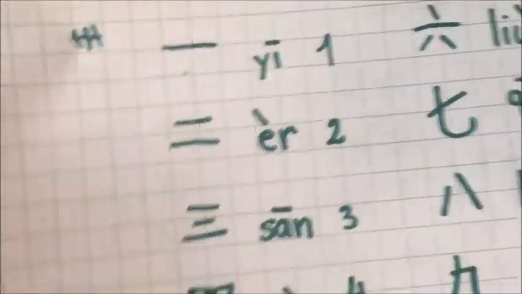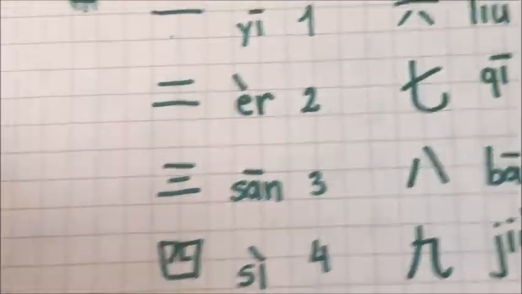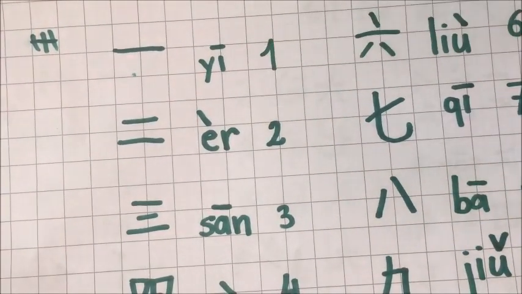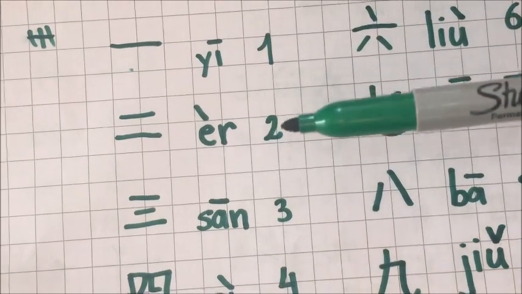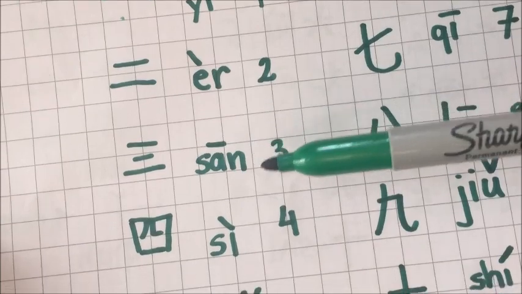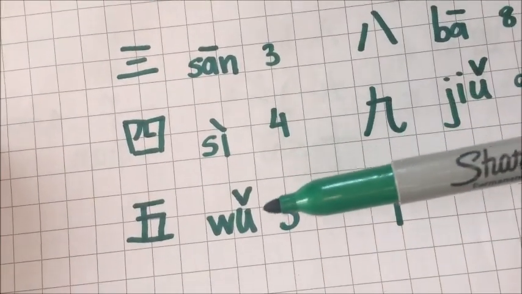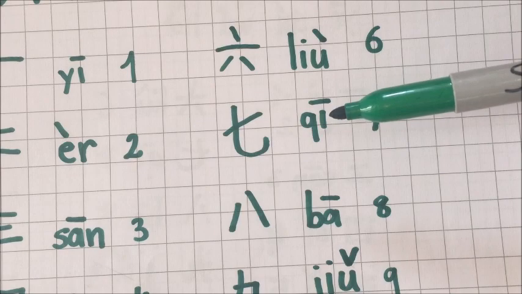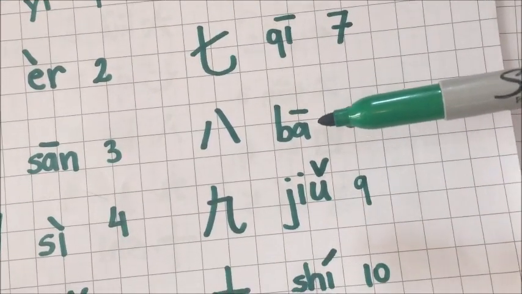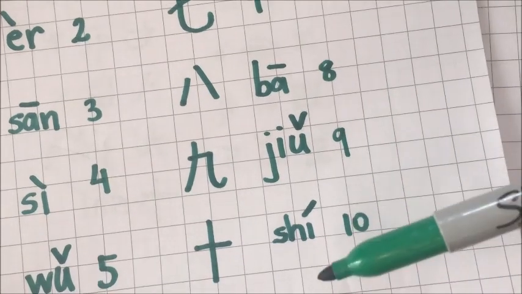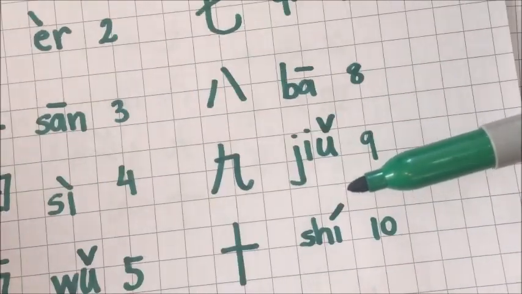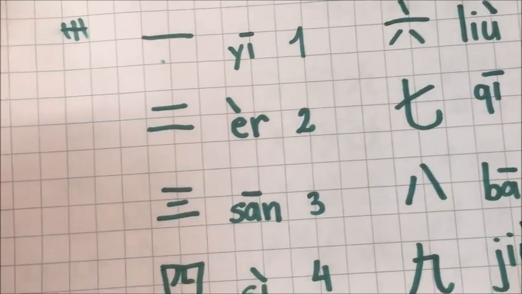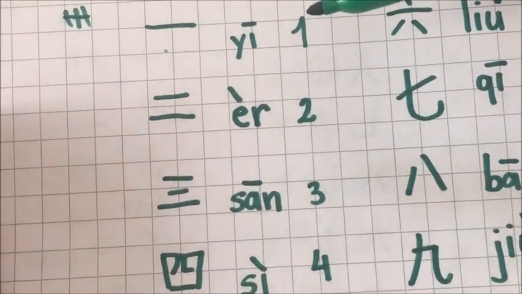So now let's look at them all together and repeat after me. 1, 2, 3, 4, 5, 6, 7, 8, 9, 10. I'm going to go through them once again with you, and then you can watch this video over and over again so that you can learn the numbers from 1 to 10.